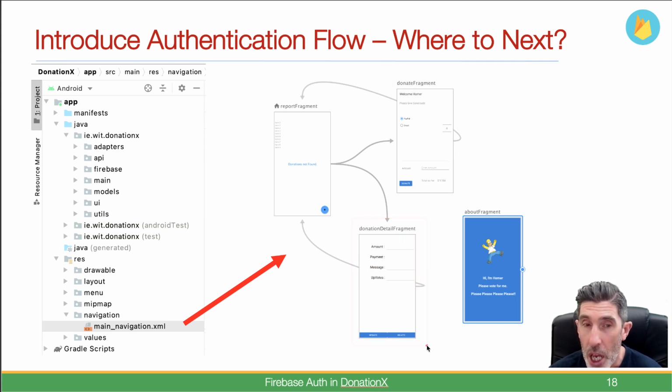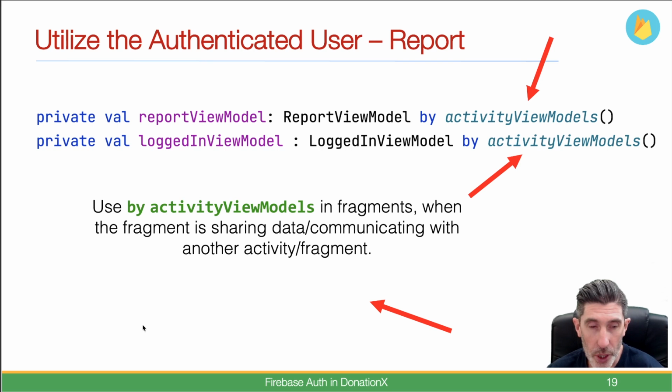But again, remember, we want to make sure that if the user tries to access any of these screens, which are separate fragments, they are still authenticated and it's still a valid user. So we need to modify slightly how we access and bind to our view models within those particular fragments. Okay, so this is how we do it.